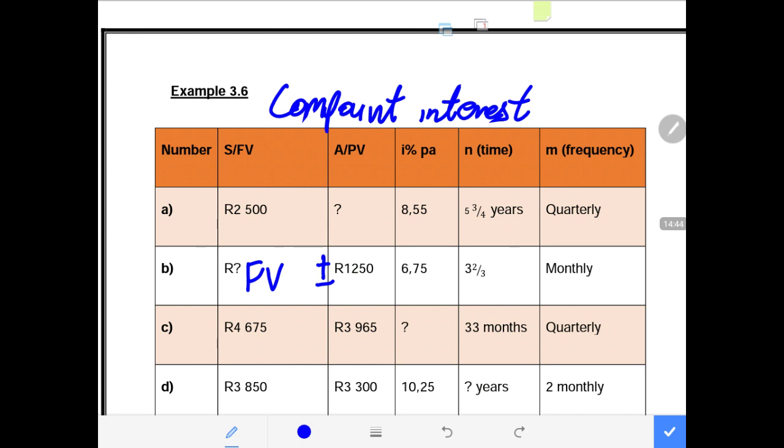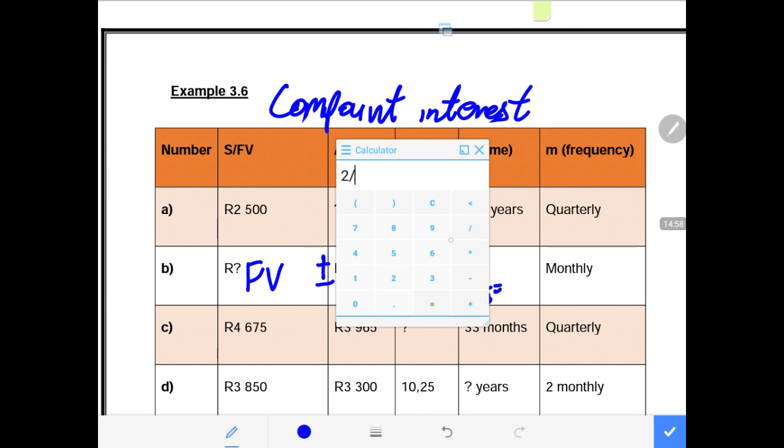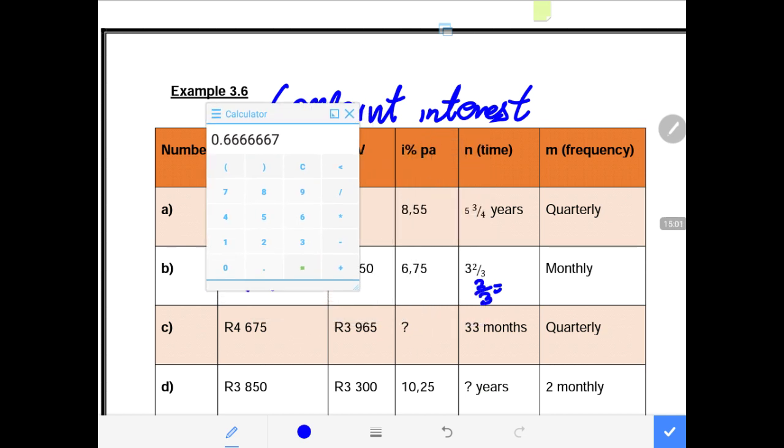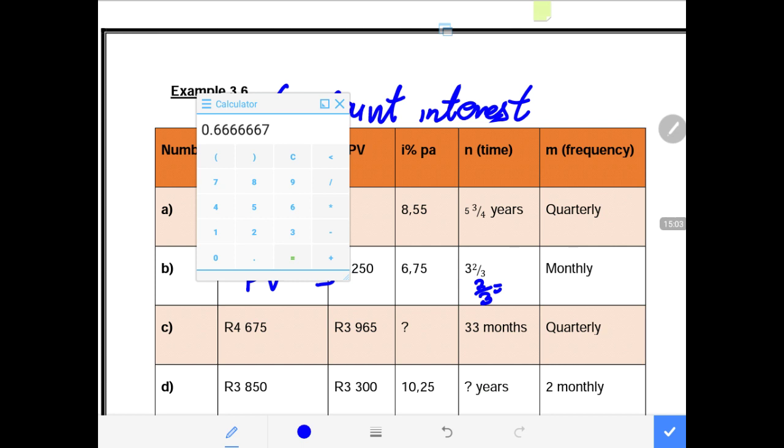Now we need to convert this and be clear that the 3 is 2/3 years. We need to say 2 over 3, and see how much we get. 2 over 3, how much do we get? 0.66. Remember, this is less than a year. So now what do we need to do in this case? We need to multiply by 12 months in a year so that we know how many months is 0.66, or how many months is 66 or 67% of a year.